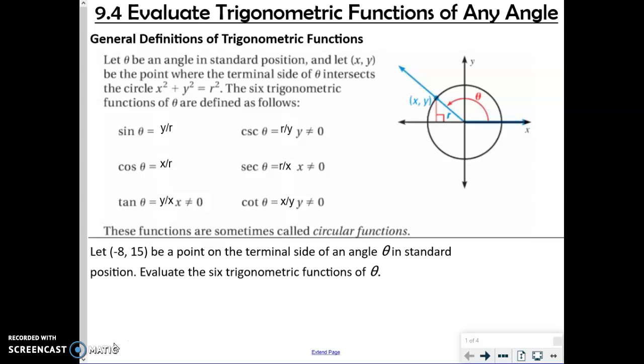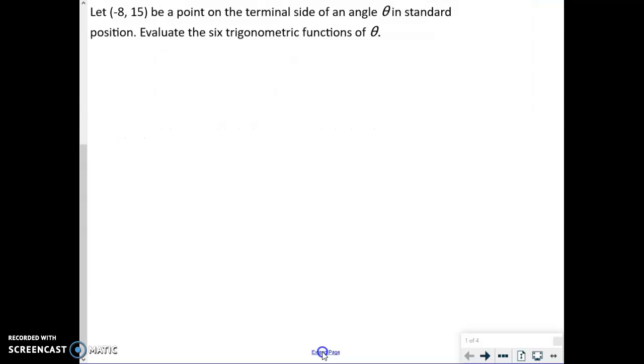Okay? So let's say that the point that we're going to be going through is (-8, 15), and the angle is in standard position. What would the six trigonometric functions be? Well, in that case, before we can do anything, we need to figure out what the other measure is. So we know that x is negative 8.